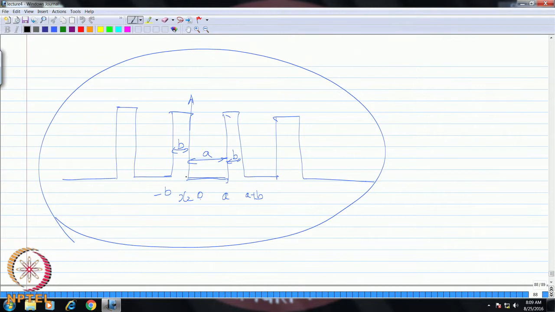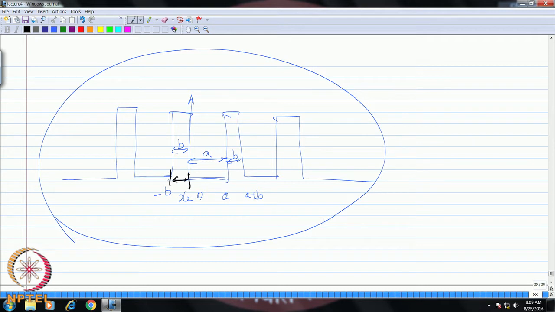So, for our solution, we will consider a coordinate system where we start the origin somewhere at the end of the potential barrier, okay, and we will take the potential barrier width. So, from minus b to 0 is essentially the potential barrier width, and from 0 to a is the quantum well width.